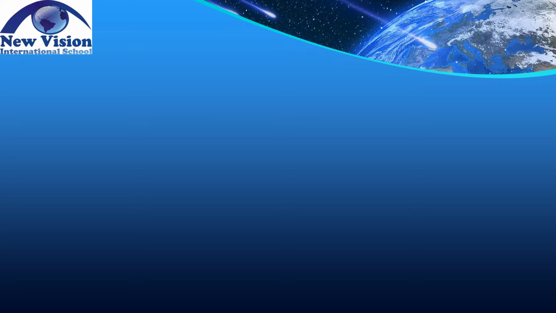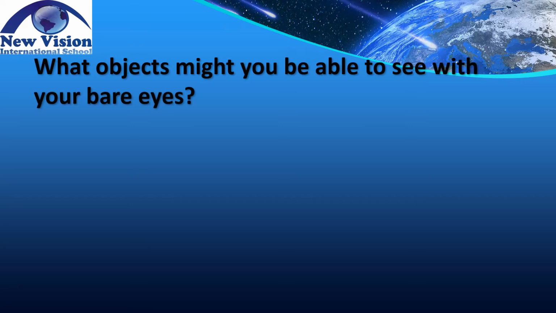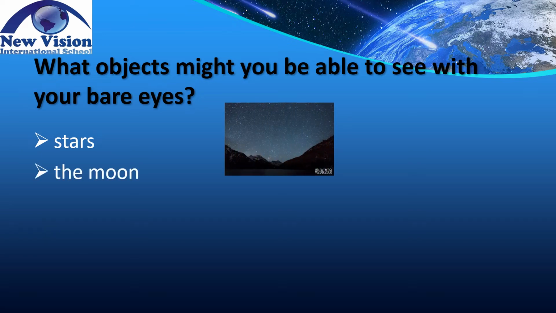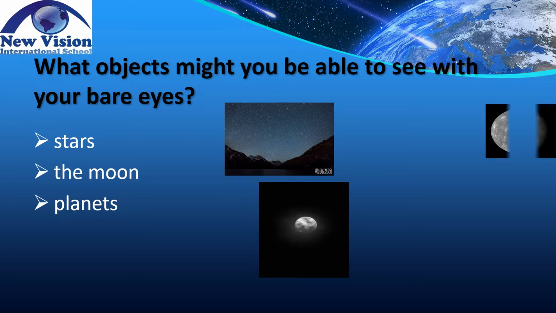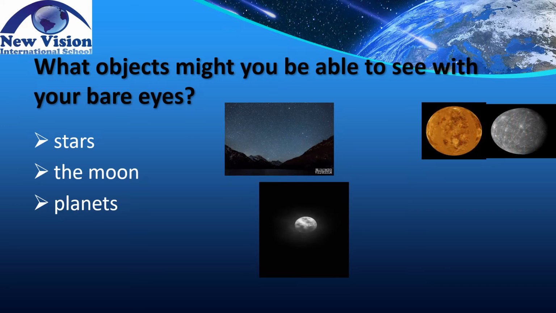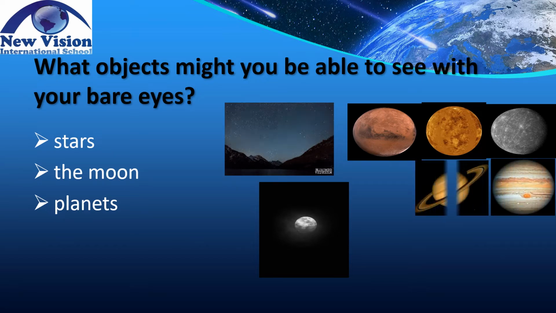Before we proceed to the next page, let's answer first the following questions. First, what objects might you be able to see with your bare eyes? Okay, first, stars. Next, the moon. Planets. We have Mercury, Venus, Mars, Jupiter, and Saturn.